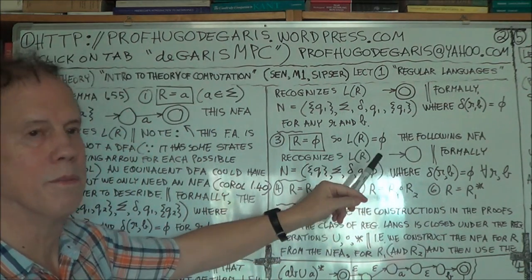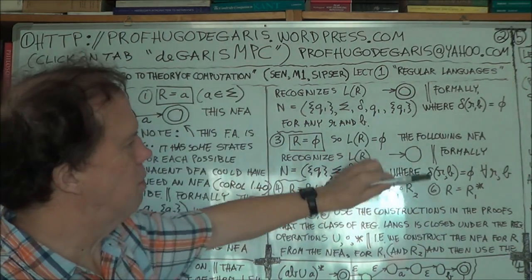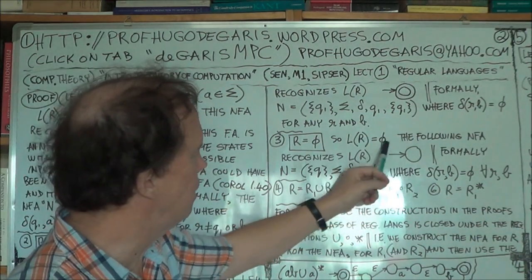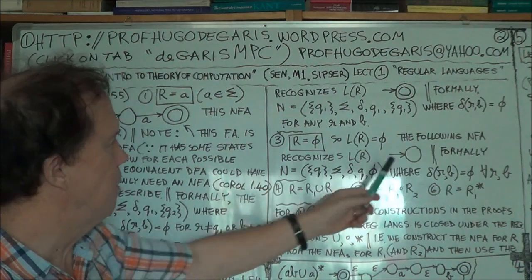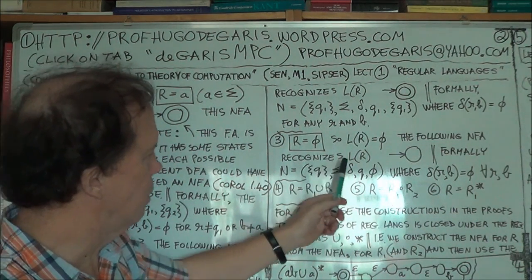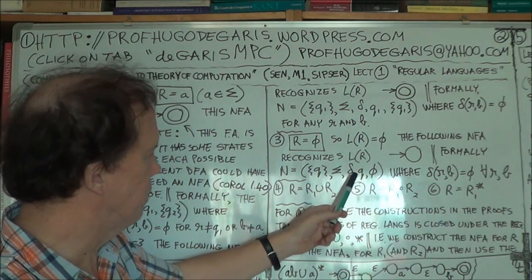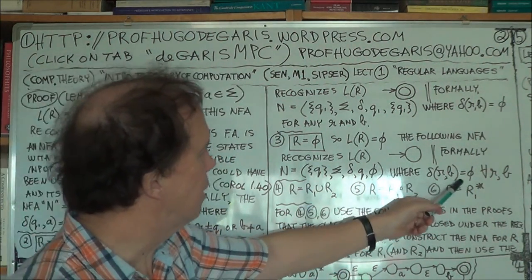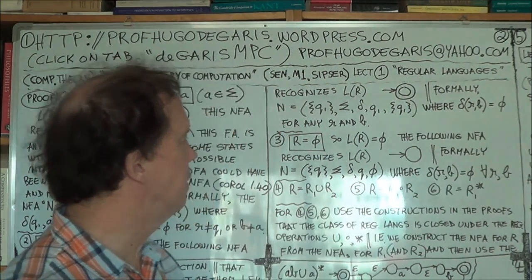Think about it. Increasingly, there's more thought required. Okay, what's the formal definition then of this NFA? Well, it's only one state, the start state. So just call it Q. Some alphabet, whatever. Delta, well, it'll be the same as for here.